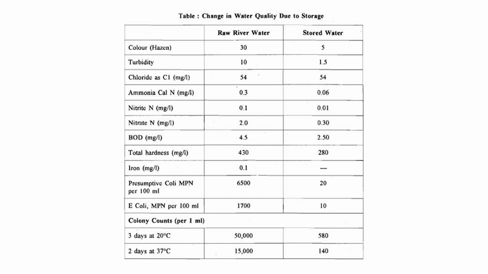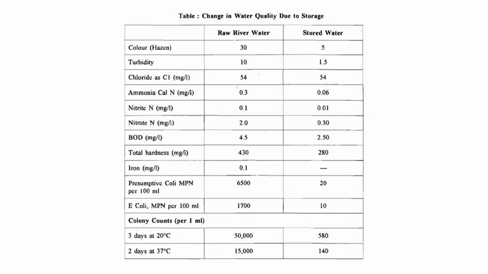BOD in raw water is 0.4 to 0.5 milligram per liter, and in stored water this may be 2.2 milligram per liter. Total hardness reduces from 430 milligram per liter to 280 milligram per liter in the stored water. Iron, no change in that case.